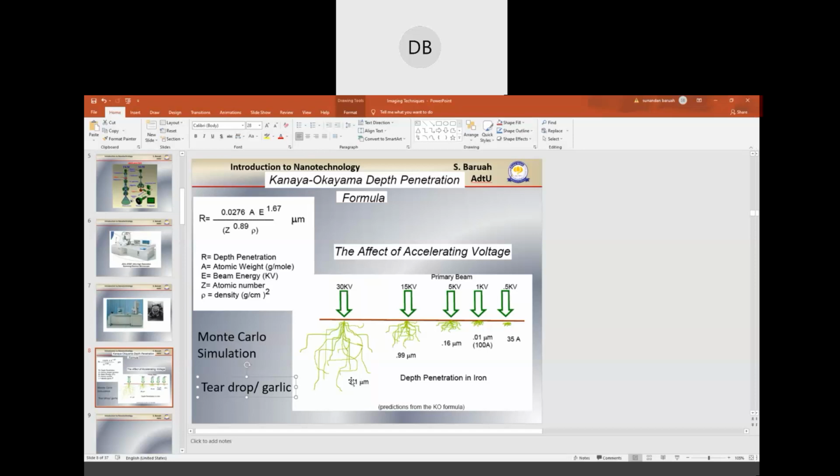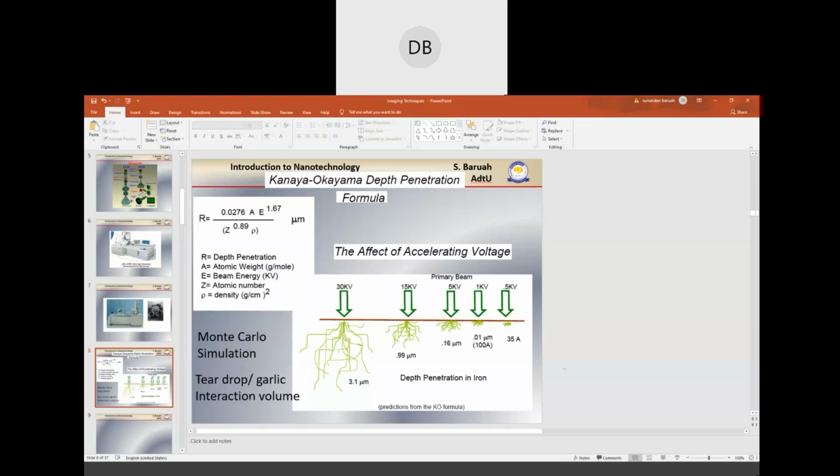And this teardrop-like area or volume, where the electrons are most likely to be present, we call it the interaction volume. Why do we call it interaction?